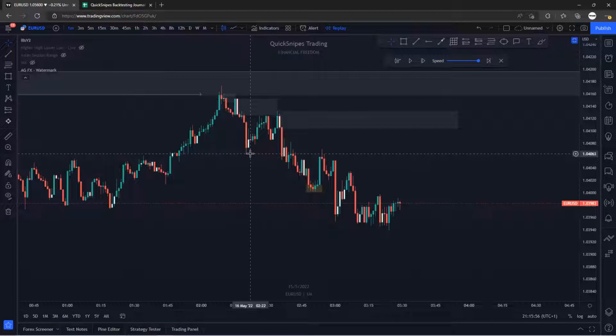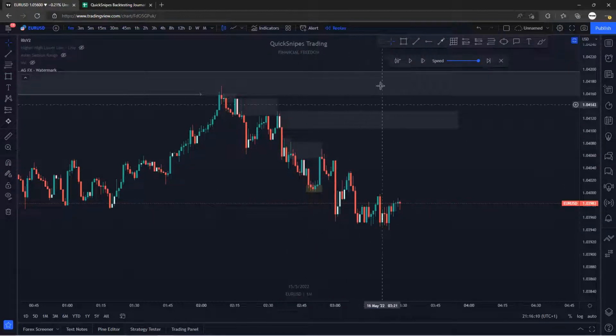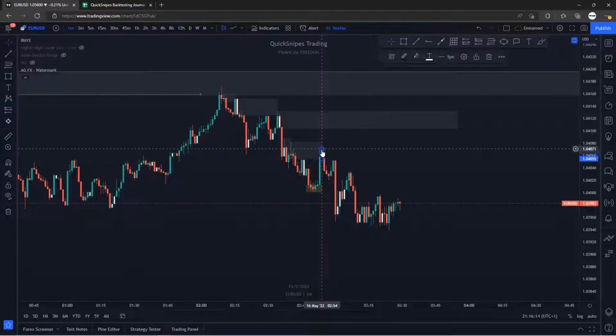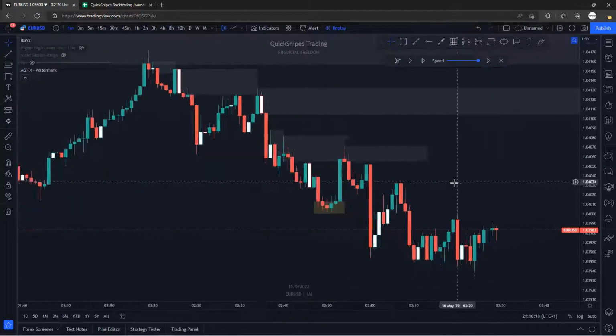However, we broke structure over here. We formed a new supply chain over here. That broke, forming a new supply chain over here. Mitigated again, new supply chain over here. Did that get mitigated? No, it did not.